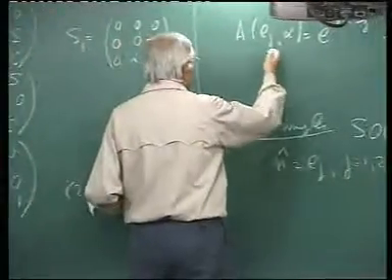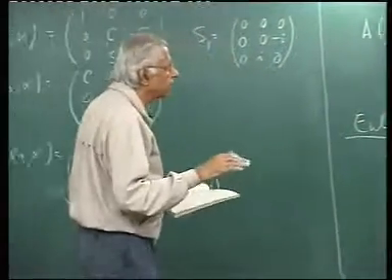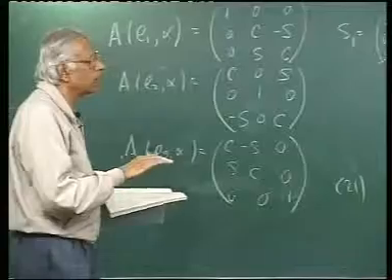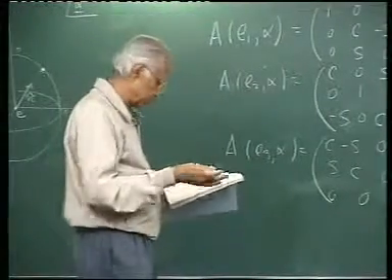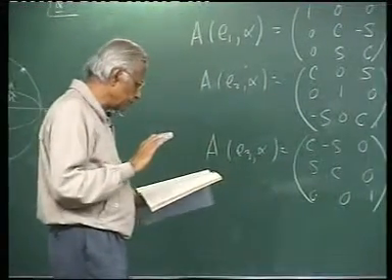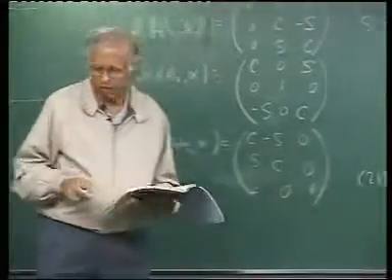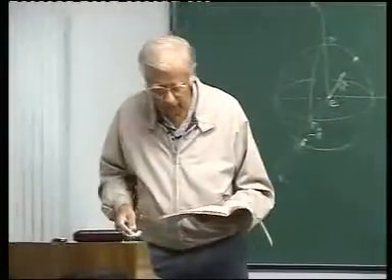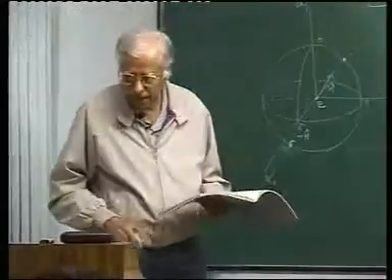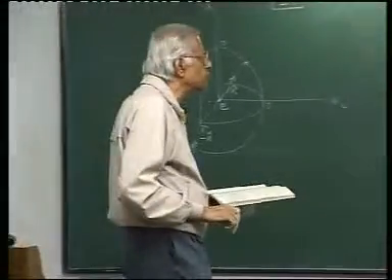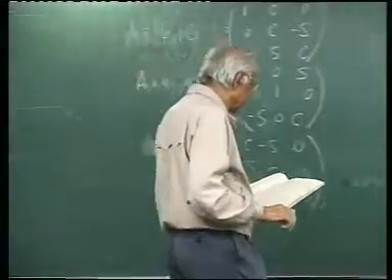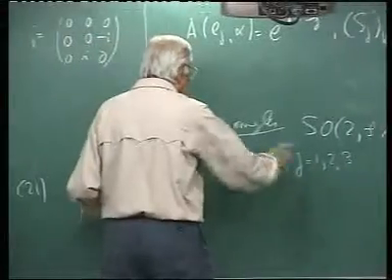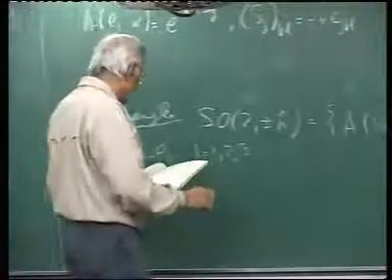They are called the generators of the defining representation of the group SO3. I am introducing these here now, and we will come back to it later in the section on Lie groups and Lie algebras. So now the Euler angle description can be given.